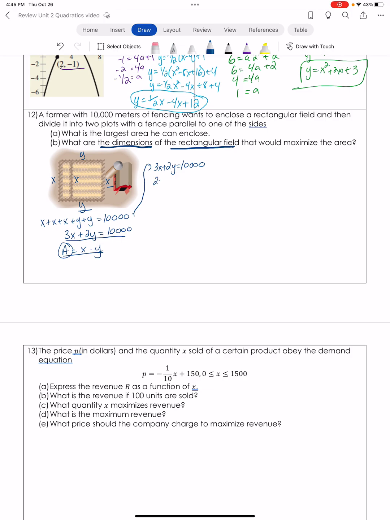So I know 2Y is equal to negative 3X plus 10,000. So Y is equal to negative 3/2 X plus 5,000. If you do it the other way, it's a little messy, but it'll be fine. All right, we have the same thing.